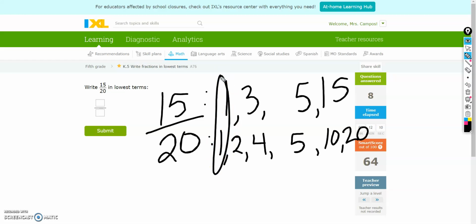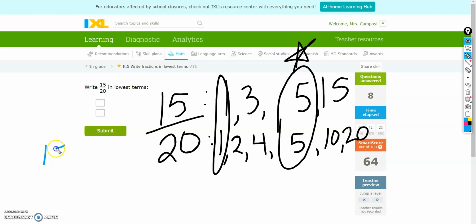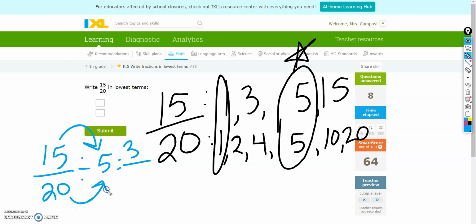They have 1 in common, and they have 5 in common, and that looks like the only 2. So 5 is the greatest common factor. So I'm going to take 15/20 and divide that by 5. So when I divide that, I get 3/4.